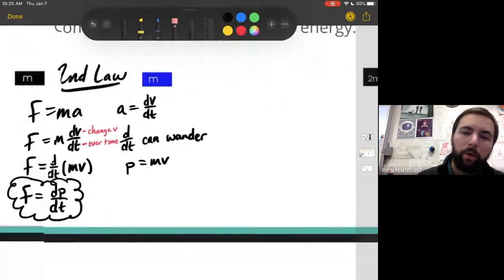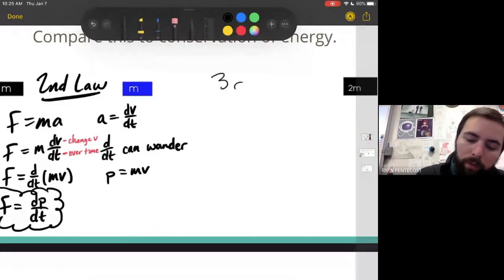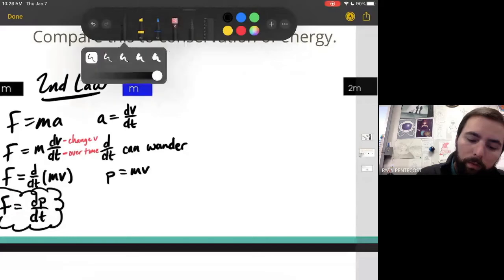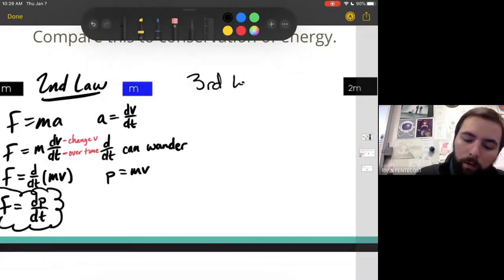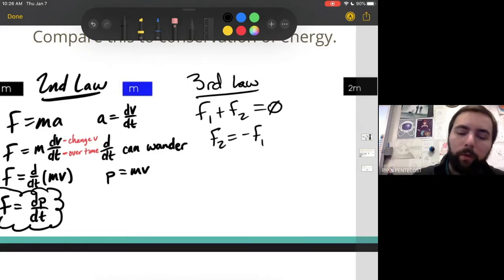Now let's use the third law to bring this on home and finalize it with conservation of momentum. Whoops, let's change my marker thickness again. Let's use this one. So then we've got the third law. The third law is the idea that one force plus the other will actually equal 0, because F2 will equal the opposite of force 1, right?